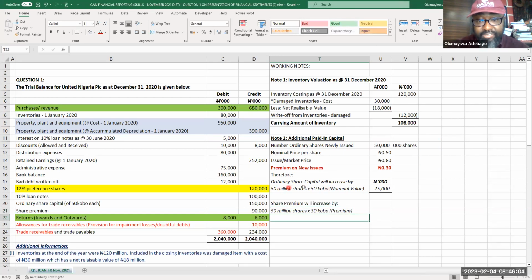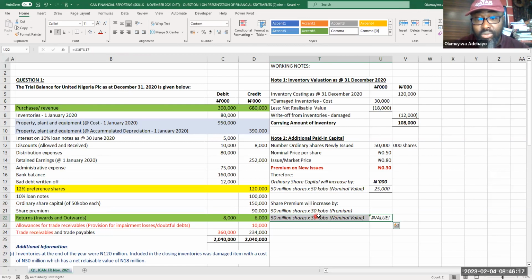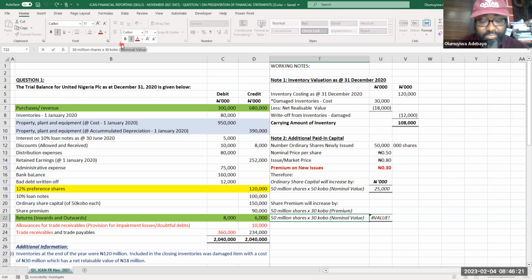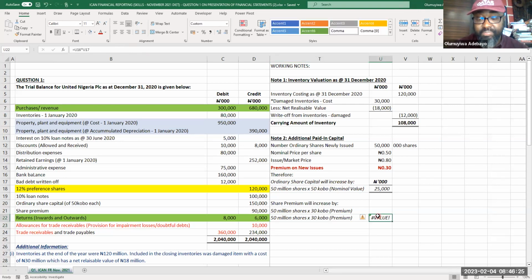Okay, therefore, 50 million times 30 kobo premium will give me 15.